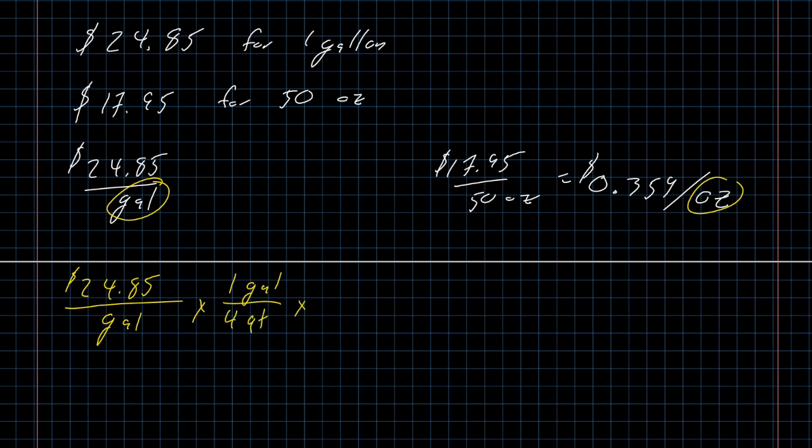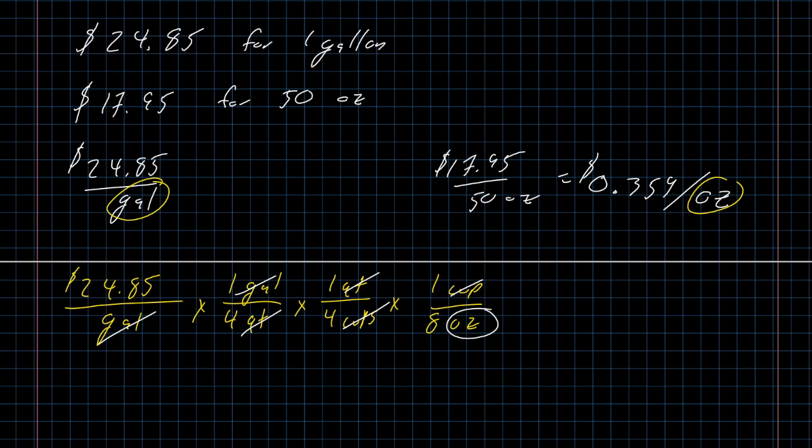I know that 1 quart is the same thing as 4 cups. And I know that 1 cup is the same thing as 8 ounces. And by setting this conversion up carefully, gallons cancel out, quarts cancel out, cups cancel out, leaving me with ounces in the denominator, which is exactly where I want them to be.